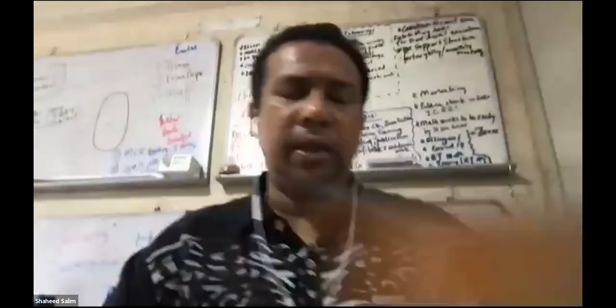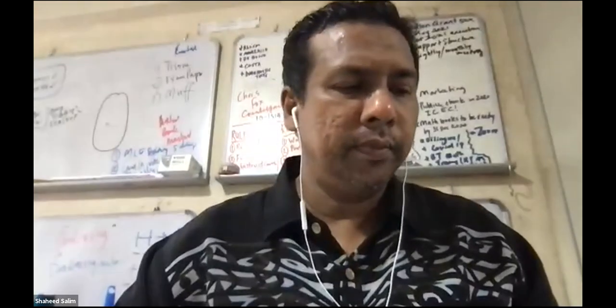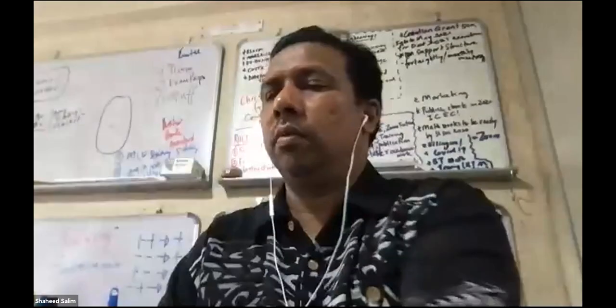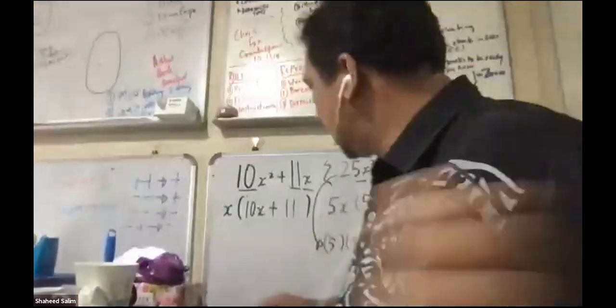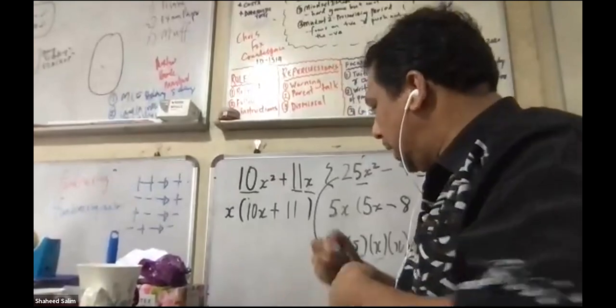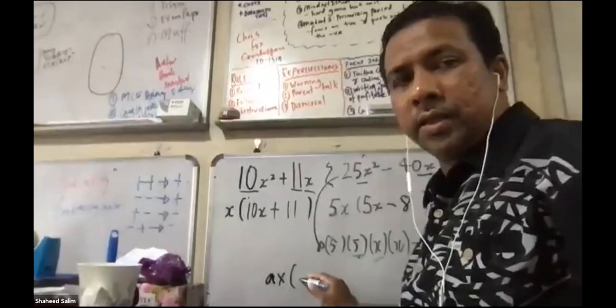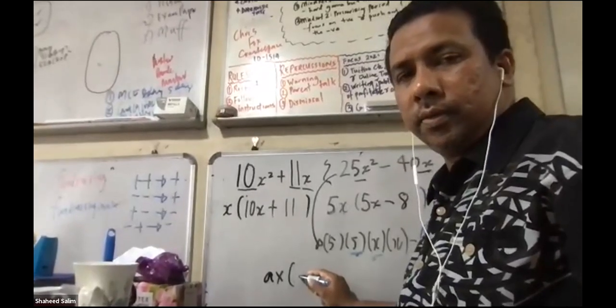I got C already. Okay, what's the answer for C? AX bracket y minus AX minus 6. Okay, so I'm going to write down your answer. You say on the outside is AX. On the inside is what? AX again. What's on the inside?